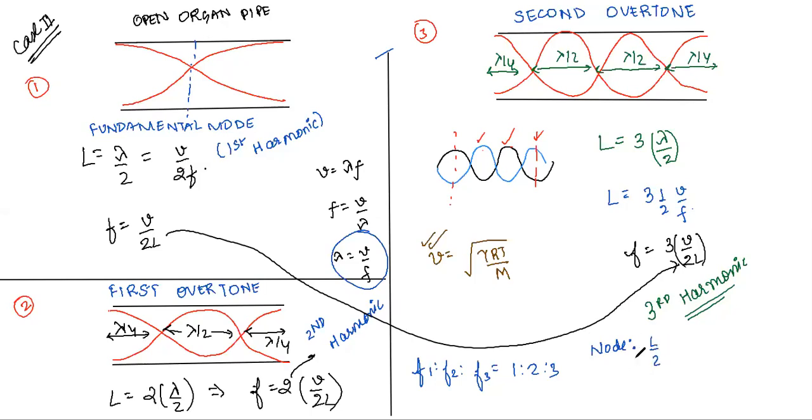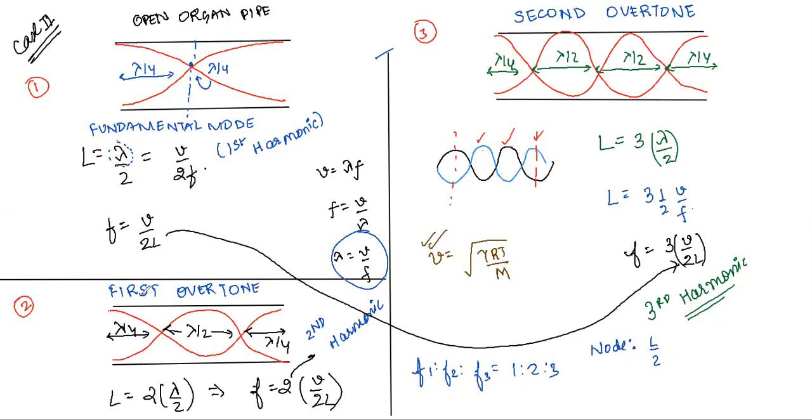Now, what was L equal to here? Lambda by 2. So I can call that this node is formed at the point lambda by 4 from here. So the node is formed at the distance lambda by 4.